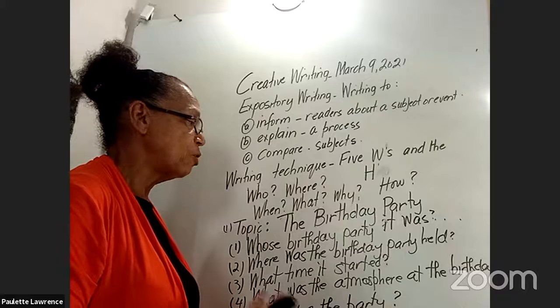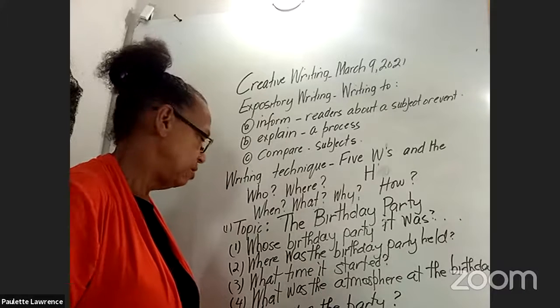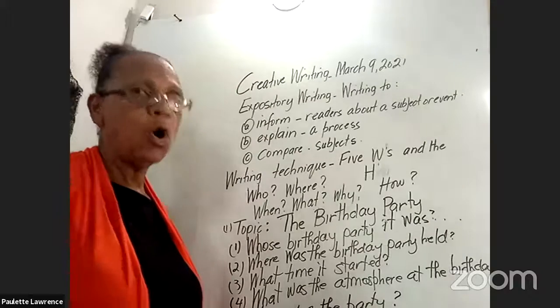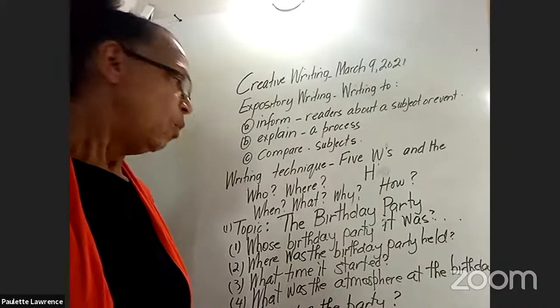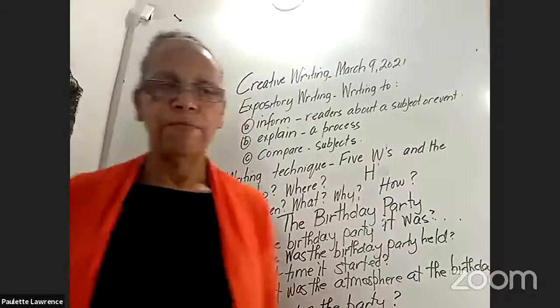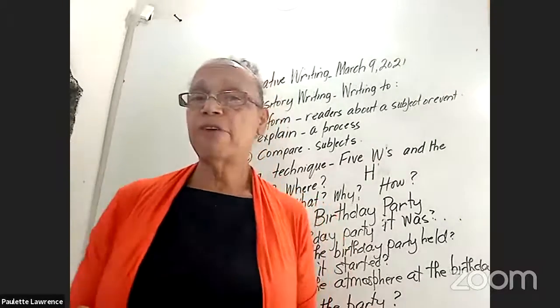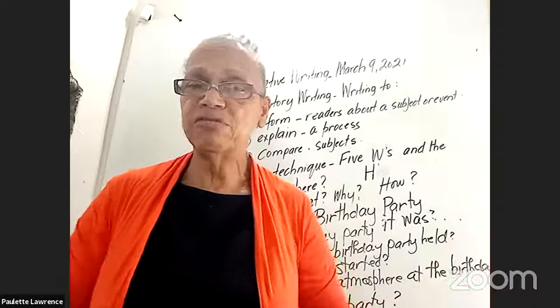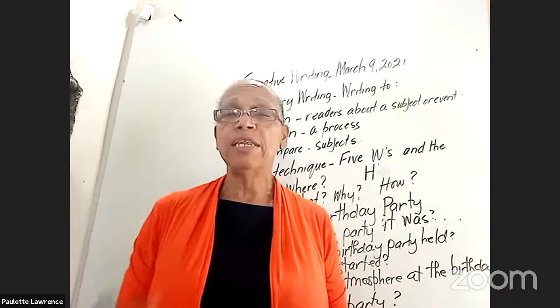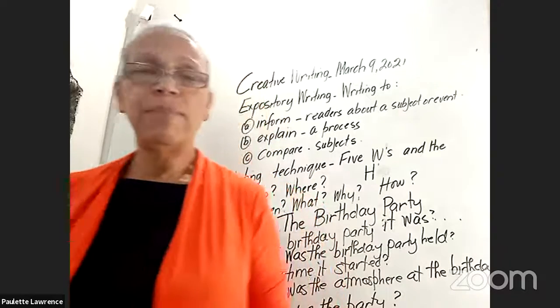It started at about 3 o'clock in the afternoon, and I arrived promptly, or early. When I got there, the party was in full swing. There was music in the background. You're going to be describing the whole atmosphere. There was soft music, or you could call a name, music in the background.